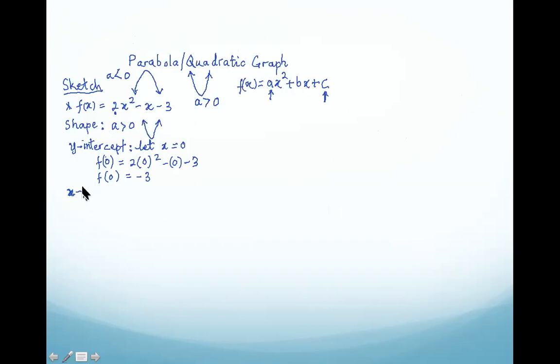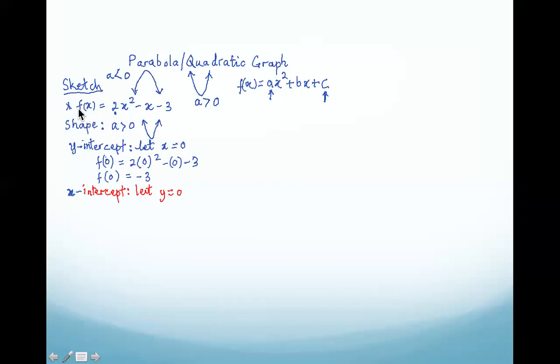So now we are on the x-intercept. You remember the story already. If it is a y-intercept, let x be equal to 0. So if it is an x-intercept, you must let y be equal to 0.